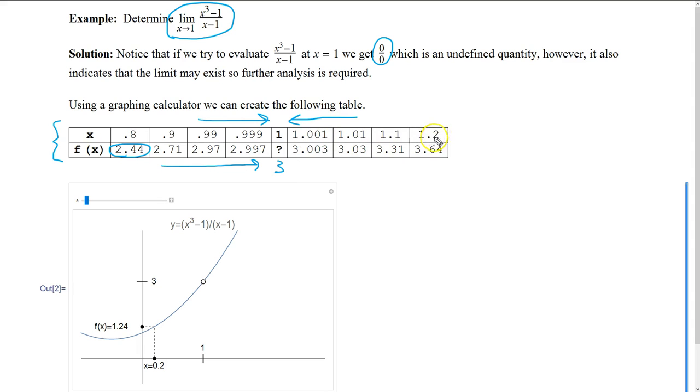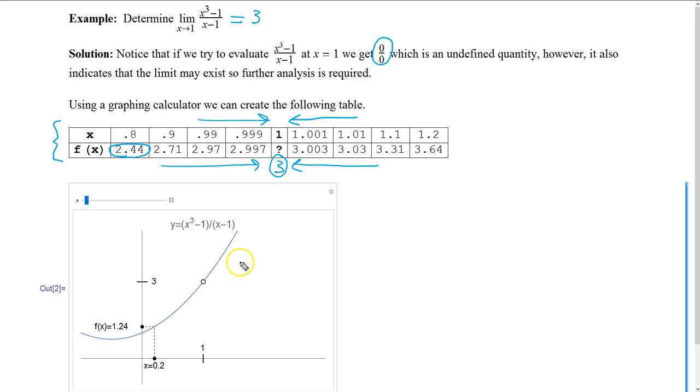If we put 1.2 in for x, we get 3.64, 3.31, 3.03, and then 3.003 for our function values, for these values of x. And it does look like these are getting closer to 3 as well. So it looks like we would state that our limit is 3. So for our answer up here from this table, it looks like we would write that this is equal to 3 based on this table.